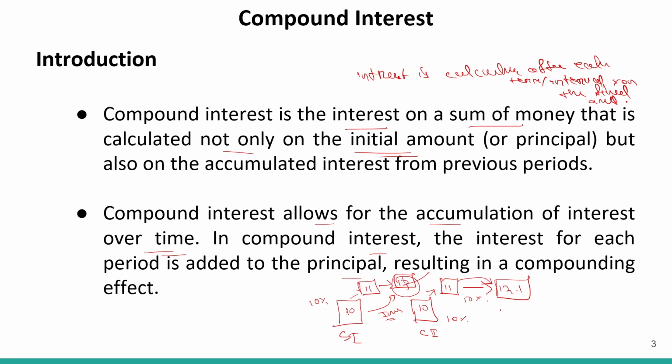You can see clearly that 12.1 is greater than 12, because this amount is taken into consideration in compound interest. In simple interest only the initial amount was considered. In compound interest, after the first interval, the final amount is always considered as the initial amount.